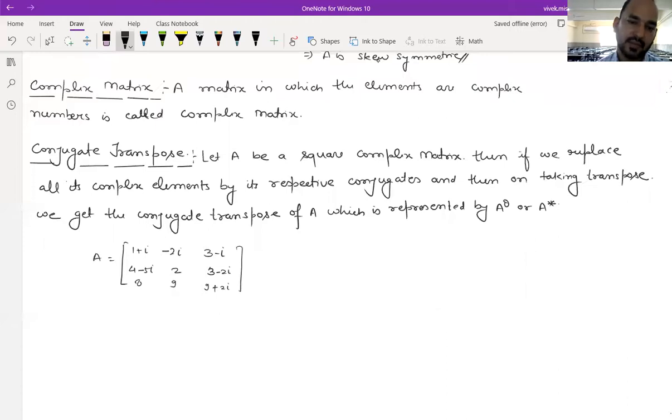Suppose A is this. So A conjugate is represented by A bar. So A bar में क्या करेंगे हम? सारे कॉम्प्लेक्स एंट्री को उनके कॉन्जुगेट से रिप्लेस कर देंगे. कॉन्जुगेट कैसे मिलता है? इमेजिनरी पार्ट का साइन चेंज कर देंगे.